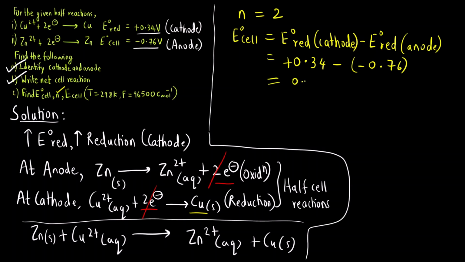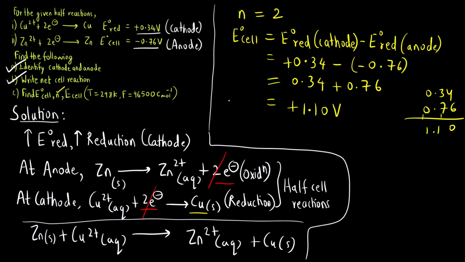So add both of them, 0.34 plus 0.76. This will be 1.10. So the standard cell potential is 1.10.